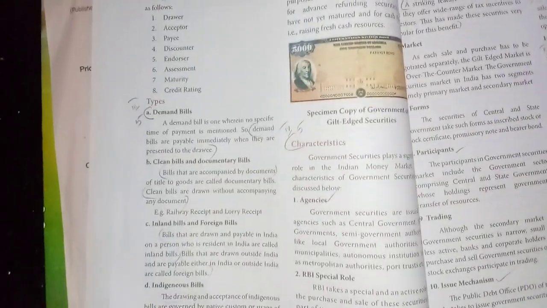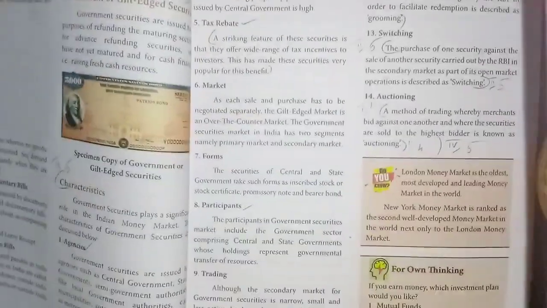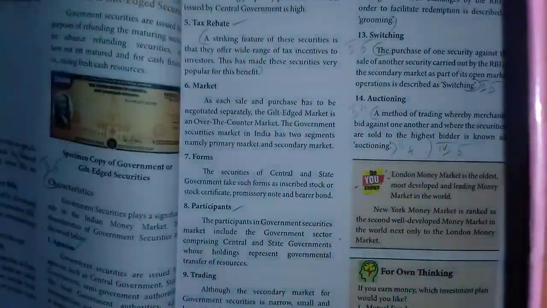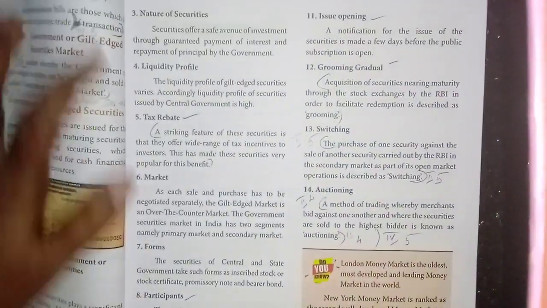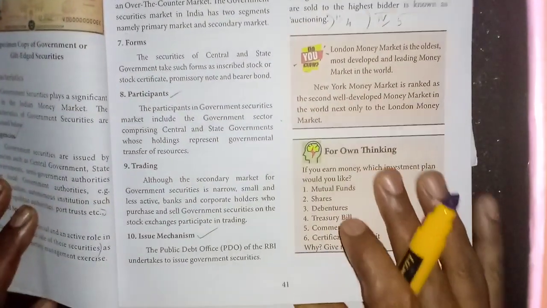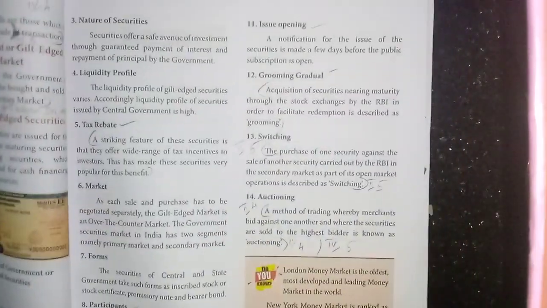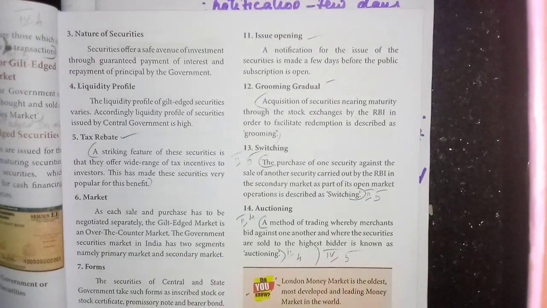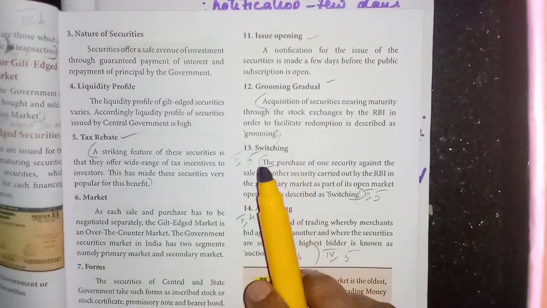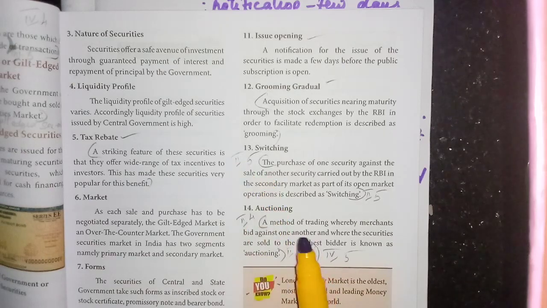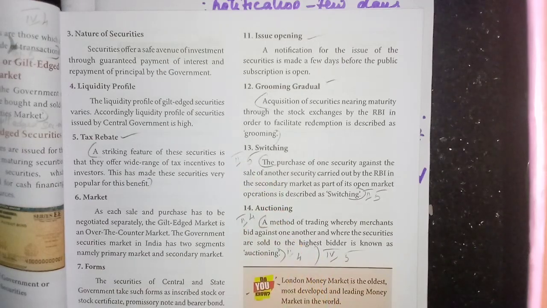Then the characteristics, that is the 5th question, 5 marks. Then the full page, all the points. 10 points again. Here 4 points. Here again, switching is the 5th question, 2 marks. Here the 4th question, 2 marks. Okay, auction.